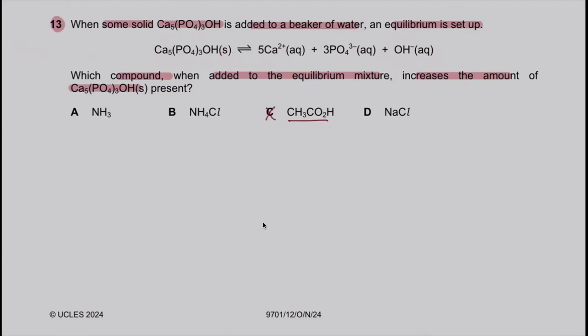So the concentration of this decreases, which means C is not the answer. Same goes with the ammonium, because ammonium ion is acidic in nature. It loses the hydrogen ion, so it neutralizes this, and as a result, the concentration of hydroxide decreases. So equilibrium moves to the right, and the amount of this decreases again. So B goes wrong.